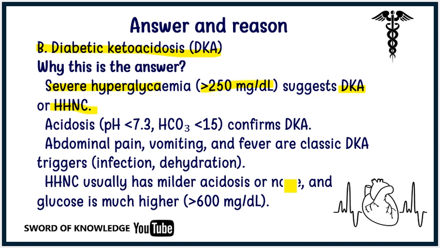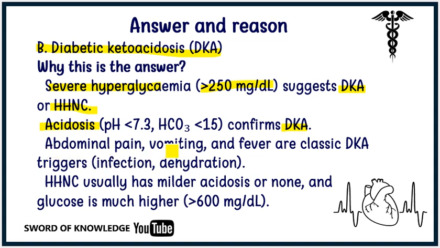Then next we have to check what is present in our question. Number one thing is acidosis. The patient's pH is less than 7.3, so this suggests that the patient is going into acidosis, and also the bicarbonate is less than 15. So this confirms our case of DKA. In HHNC, we do not see this pattern.